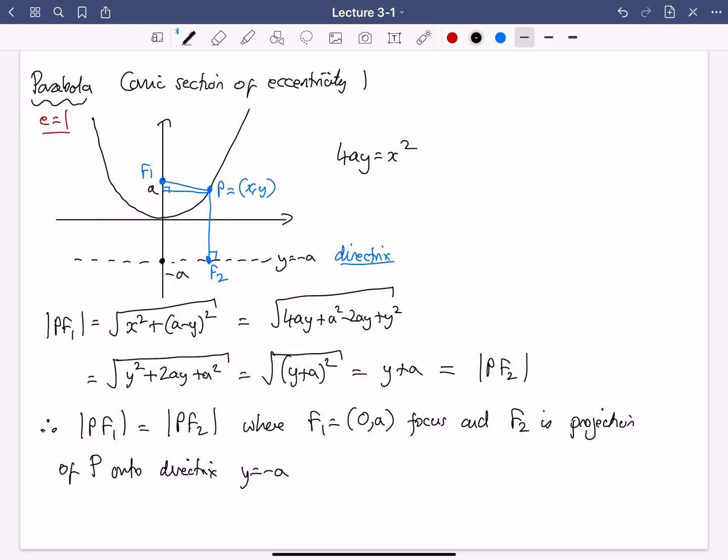So this is the Euclidean definition of the parabola. You have a focus and a directrix, and the parabola is all points whose distance to the focus is equal to the distance to the directrix. Okay, that's enough about parabola. Right now I'm going to stop, but I'm going to say a lot more about parabolas in the next lecture.